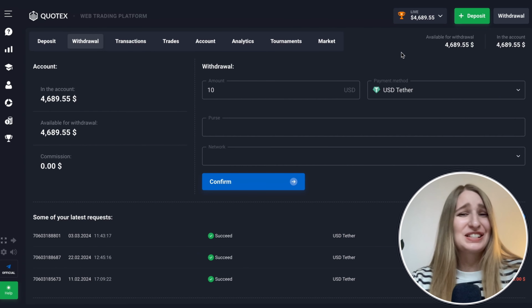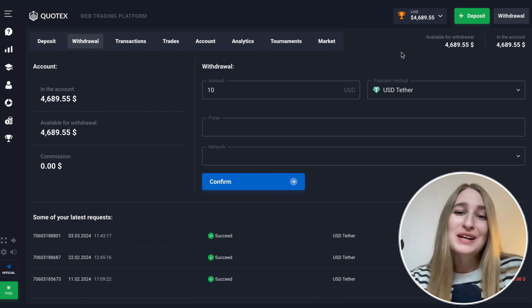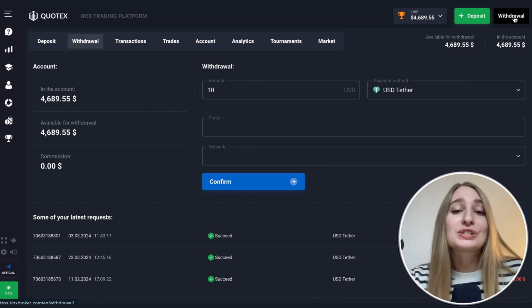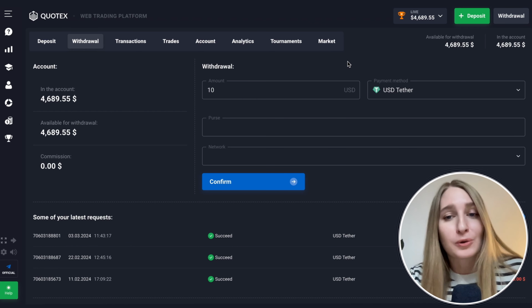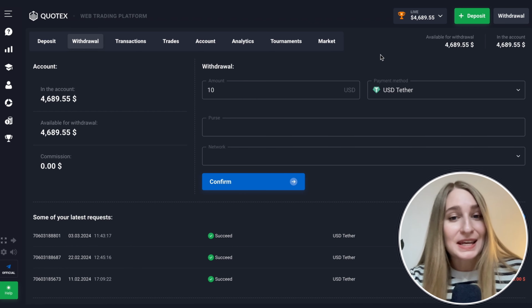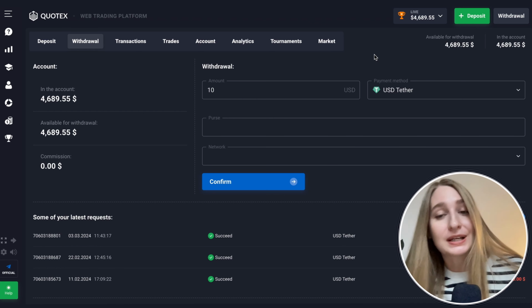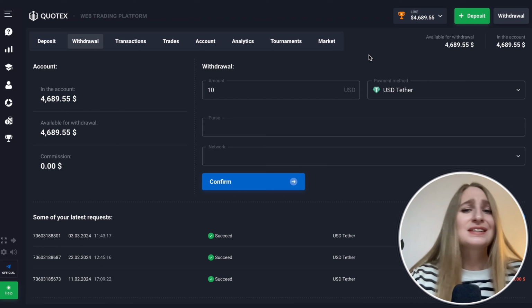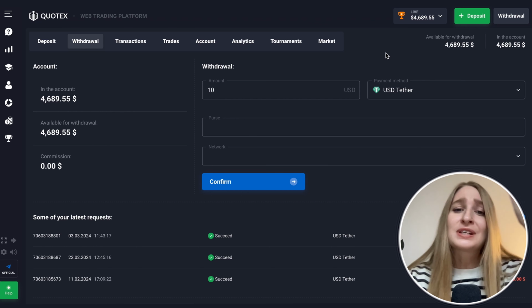And guys, I just forgot to show how I make my withdrawal. First of all, you just click on your withdrawal button, and then you are on your withdrawal page. I think I'm going to withdraw about $4,000 today, and I will leave $700 for the next trading strategy.